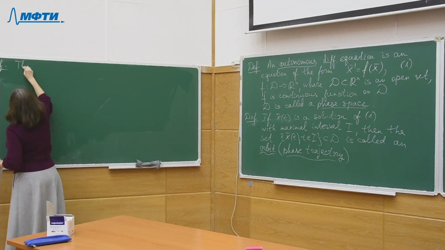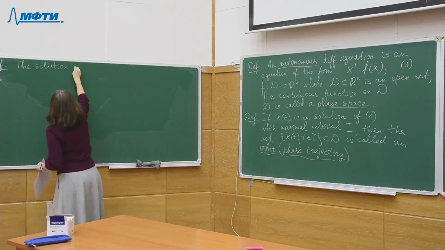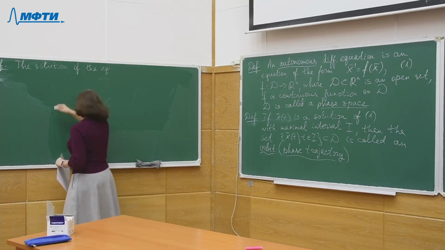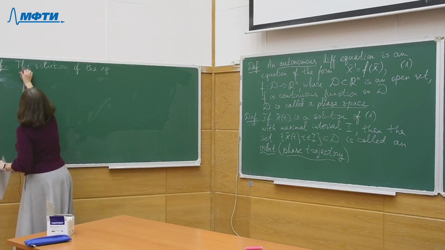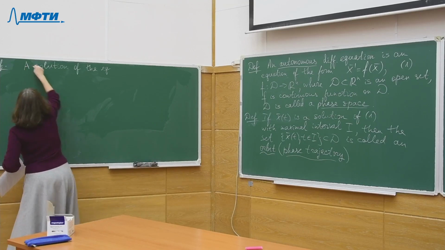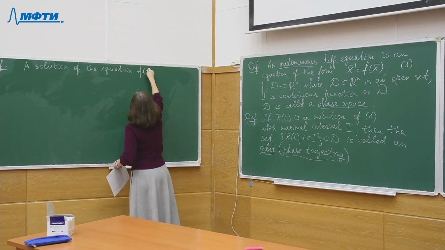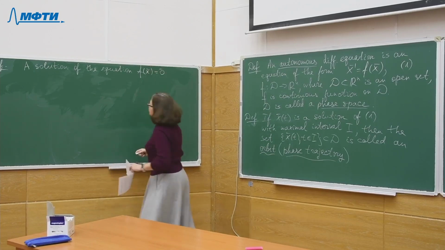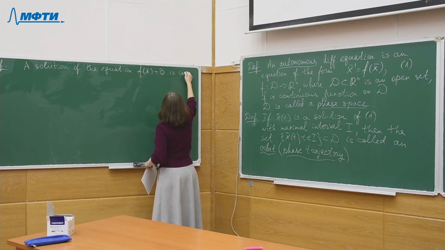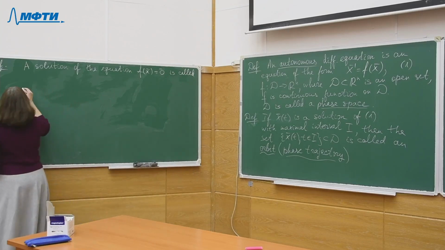So, a solution of the equation f of x equals 0 is called an equilibrium point, or equilibrium solution, or a critical point. There may be several solutions.